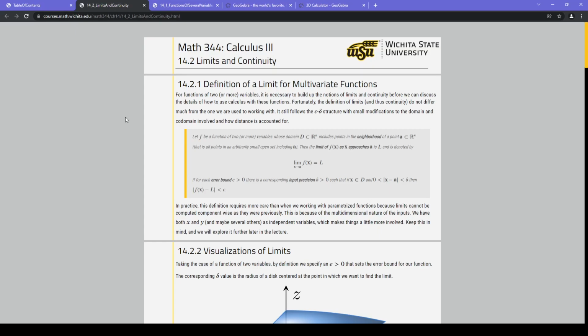what we specify is epsilon, which is an error bound. That says the value of the function has to be within epsilon of what you say the limit is. Okay?